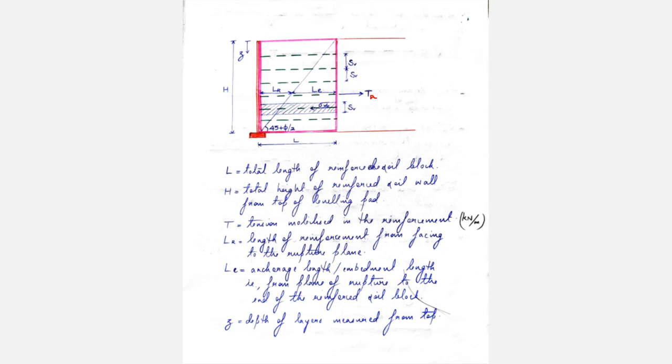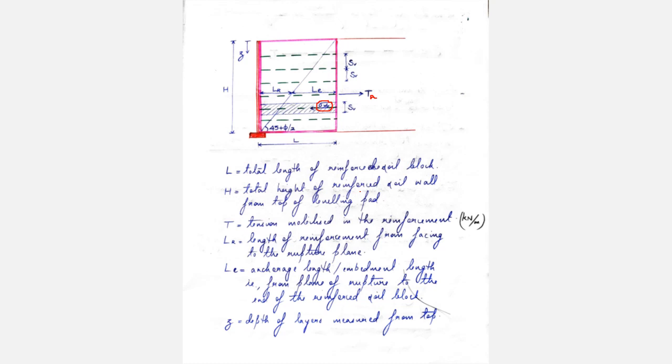Once pressure is applied on the wall, forces will be transferred into each of these reinforcements at different depths. The force transferred into the reinforcement is shown by sigma VB. Sigma VB denotes the force or pressure transferred into each layer of reinforcement kept at a particular depth.